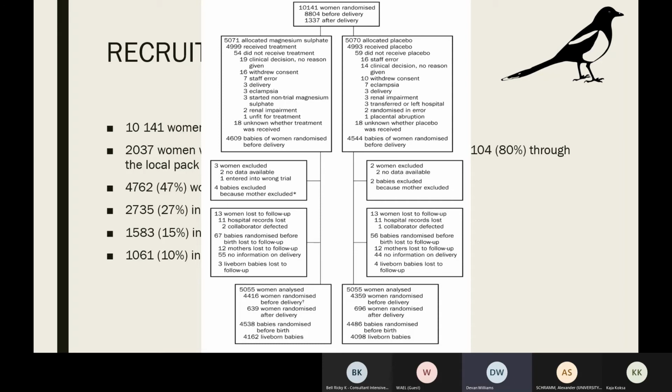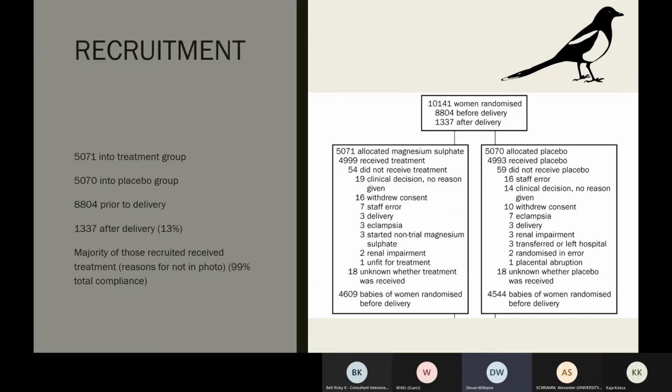This is their recruitment trial little flowchart that they produced, which I think we'll run through quickly because it'll make things a little bit easier. So fairly good split into the treatment and placebo group with regards to recruitment, about 5,000 in each. The majority of women were recruited prior to delivery, with only about 15% after delivery.